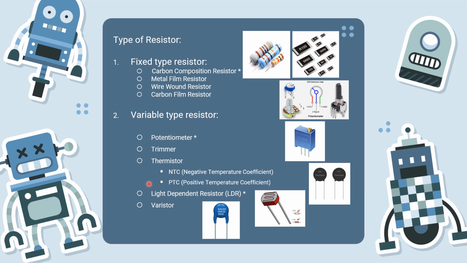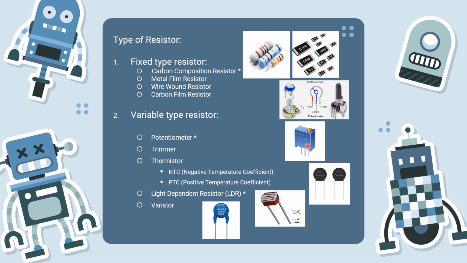And variable resistors are actually resistors whose resistance value we can change, just like the valve with which we can increase or decrease the volume of water in the tanks, if you remember. In this resistor, we can change the resistance value by turning a screw or making physical changes.